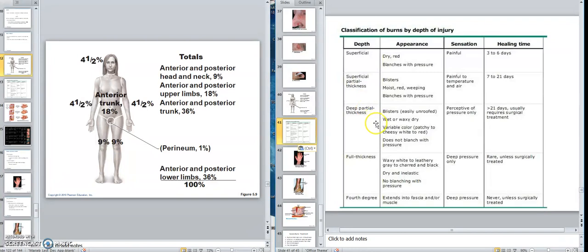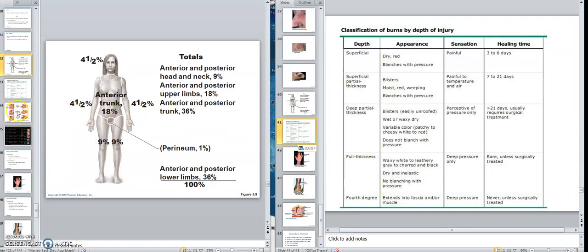A full thickness goes all the way through. So what they've classified here is superficial partial thickness, okay, which means it's going into the dermis, but not all. Then a deep partial thickness, which means it's going almost to the full extent of the dermis. Then a true full thickness, which goes all the way through the skin, and then a fourth degree, which extends even all the way to bone and so forth like that.